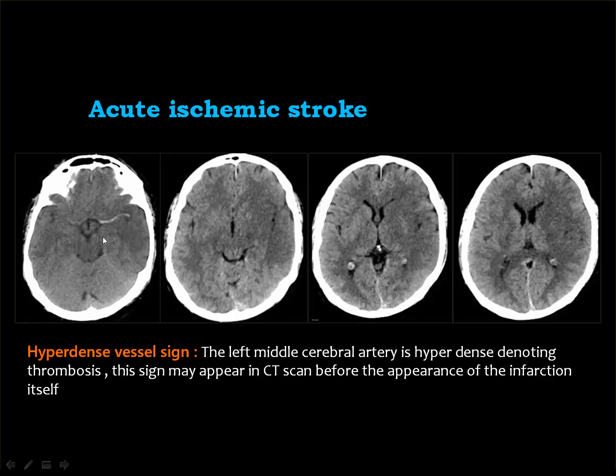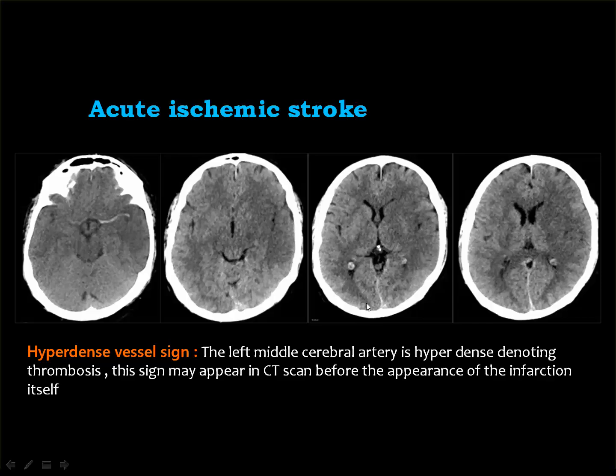At that time, you call this the hyperdense vessel sign, and you call this infarcted area a hyperacute infarction, which is ischemic brain tissue that is not yet seen in the CT scan.